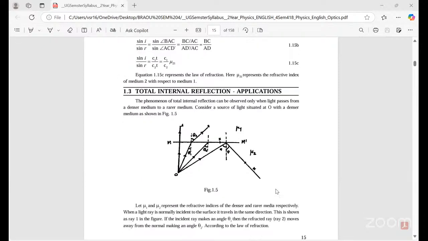Next, total internal reflection. Where do you observe it? In fiber optics.